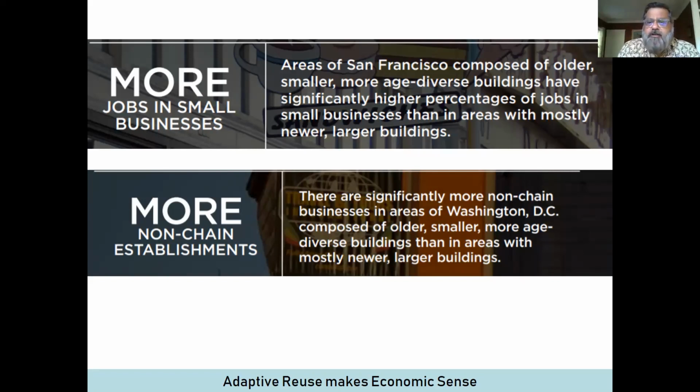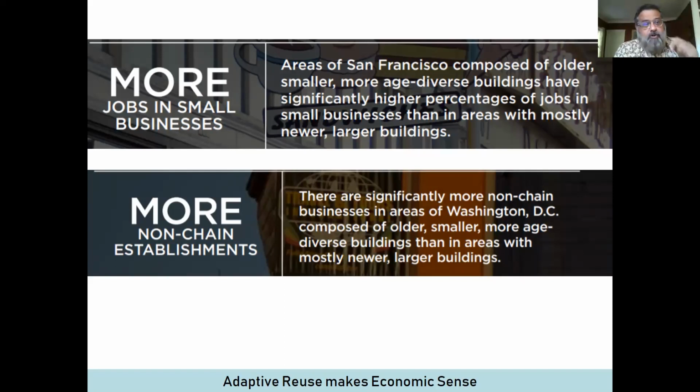And they found a positive correlation between adaptive reuse and the creation of jobs, dollars generated from heritage tourism, and more spaces for local businesses.